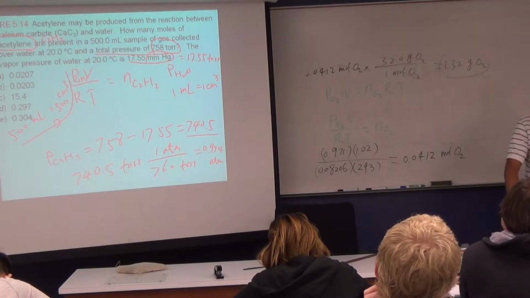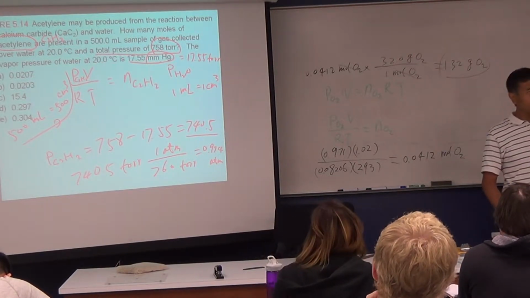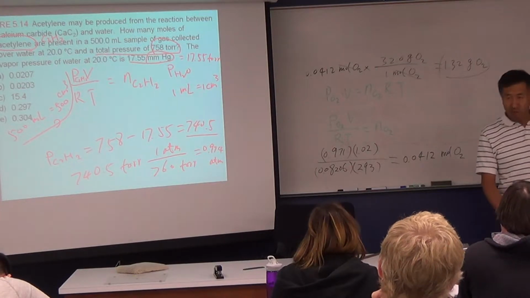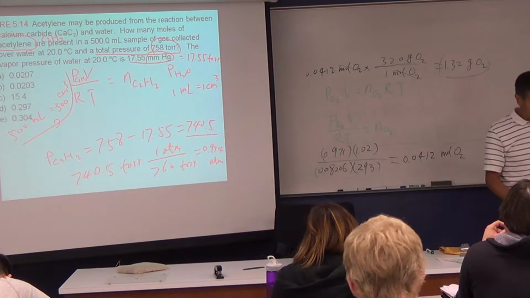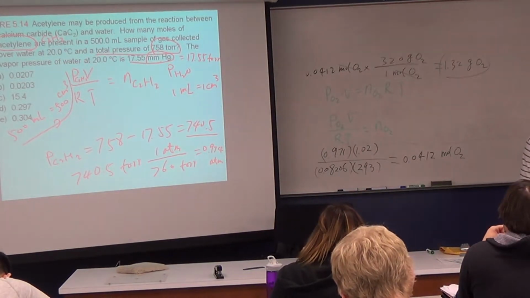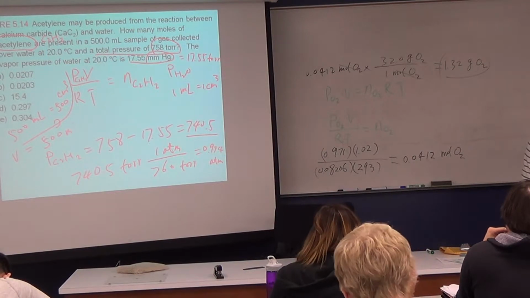Okay, good. Now, what about the volume? Can you use milliliters for this problem? No, so what do you do? We have 500, so this is our volume: 500 ml.